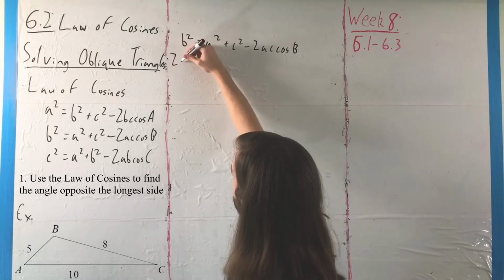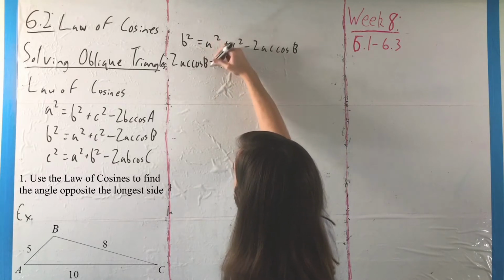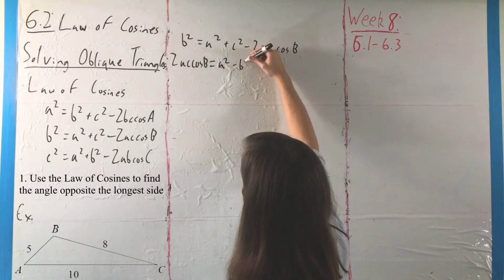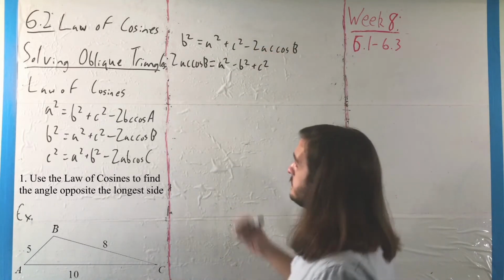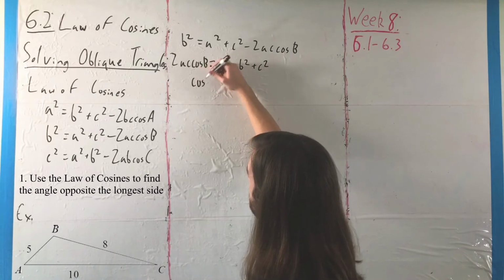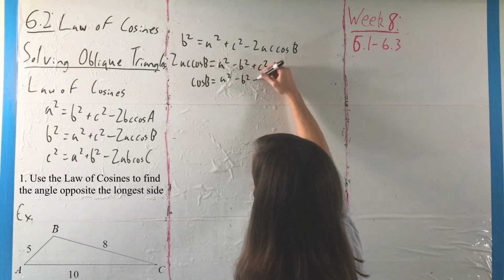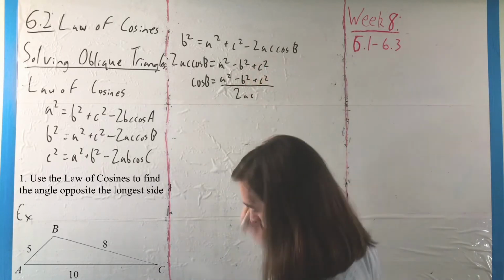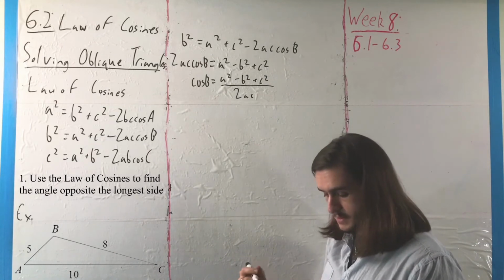That is 2ac cosine B is equal to a squared minus b squared plus c squared, or cosine B equals a squared minus b squared plus c squared over 2ac, where we actually know all of the numbers that are going in here, a, b, and c.